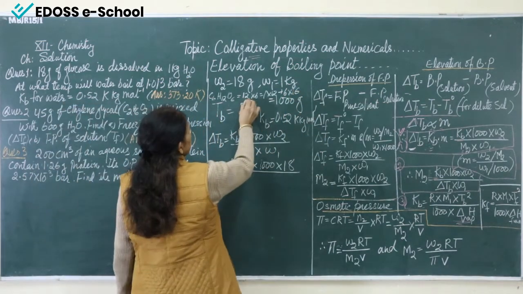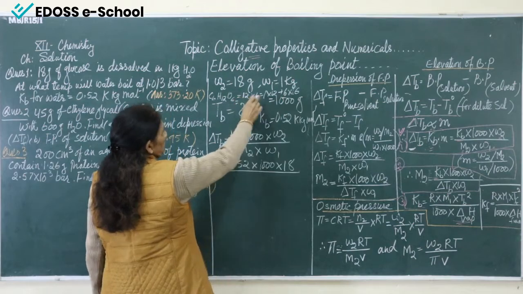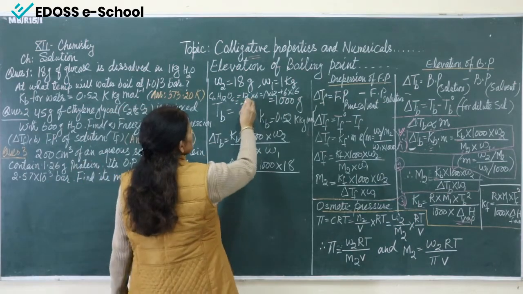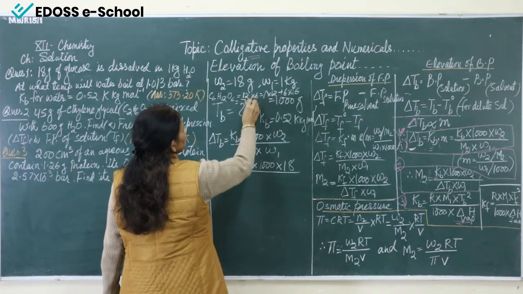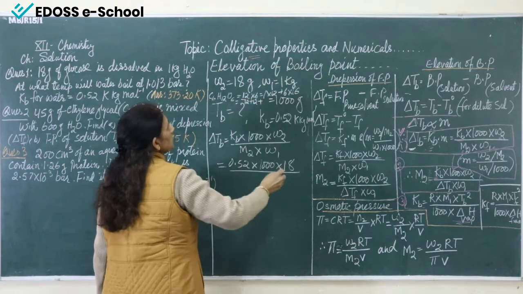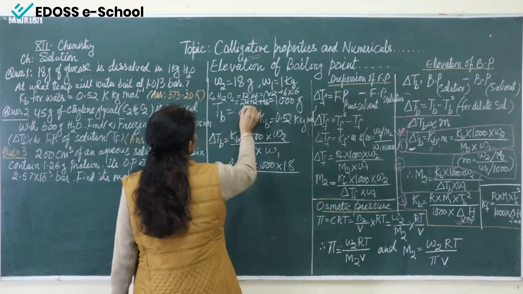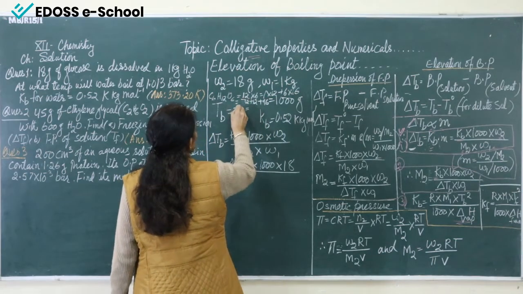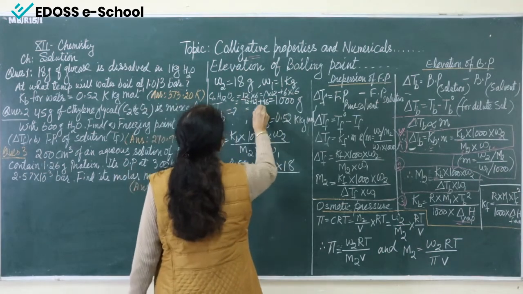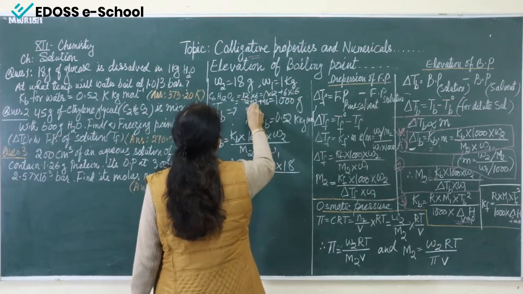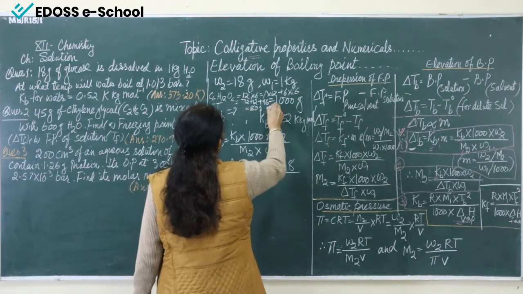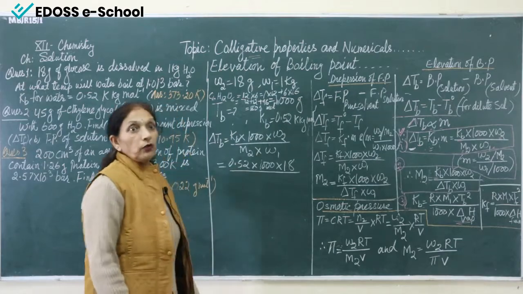So now we can get the value of M2, which comes to 180 gram per mole.